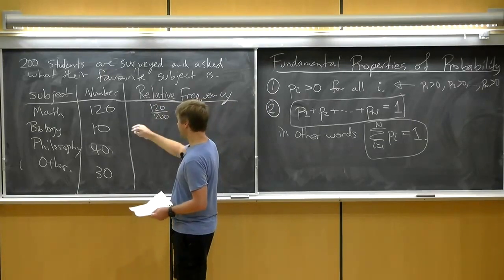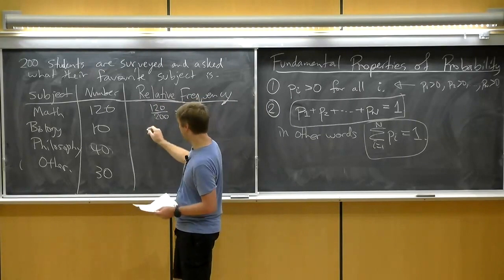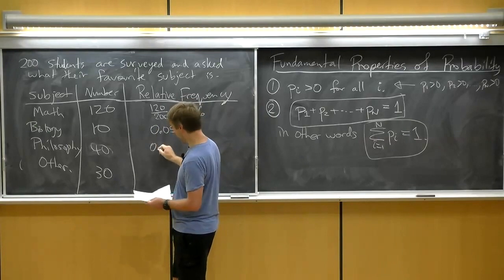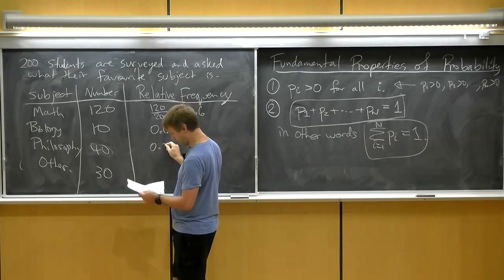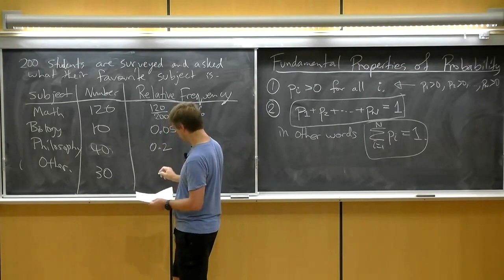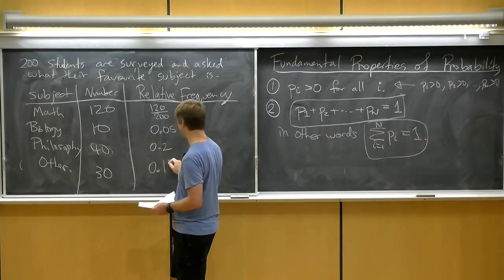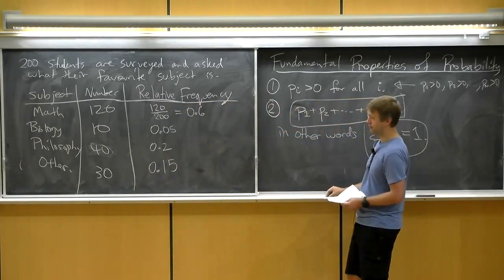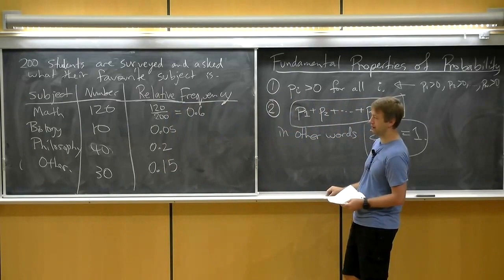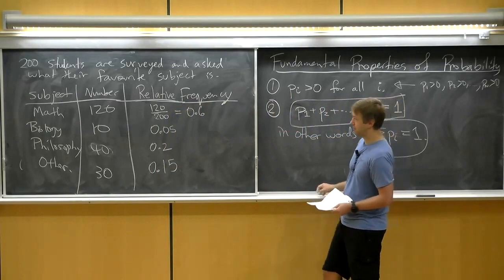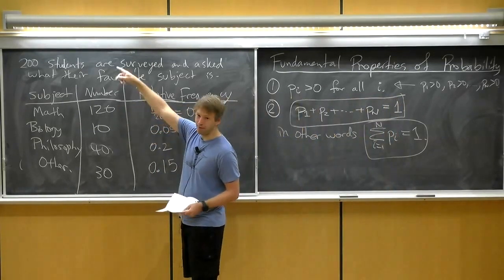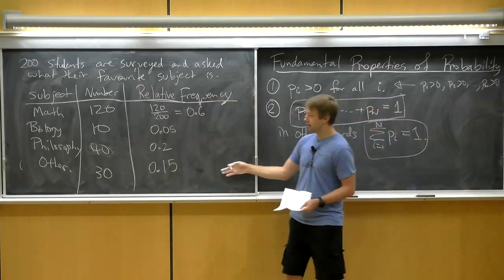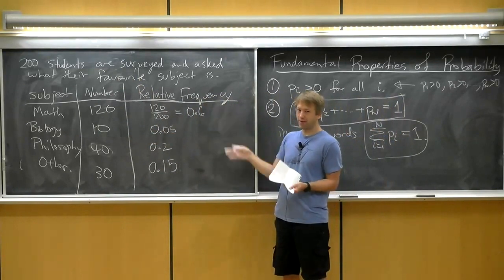For biology, it's 10 divided by 200, which is 0.05. Here I've got 0.2, and 0.15. Here I'm just taking whatever number I have and dividing by 200. Notice these numbers should add up to 1, kind of like probabilities.